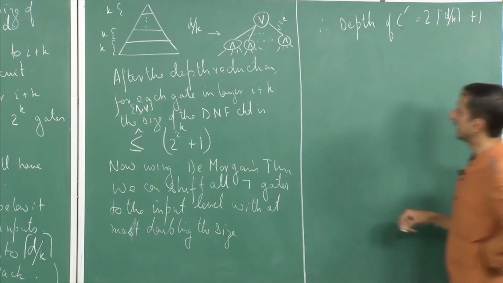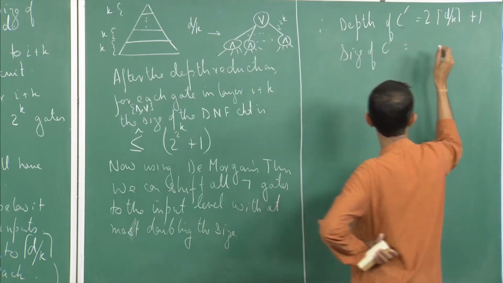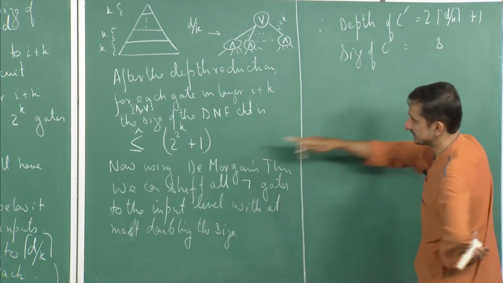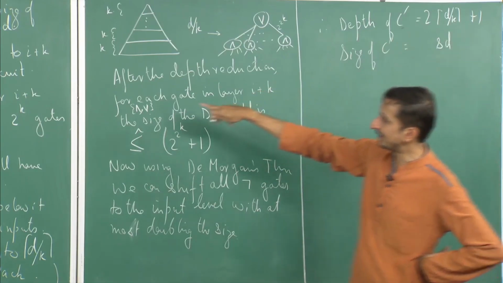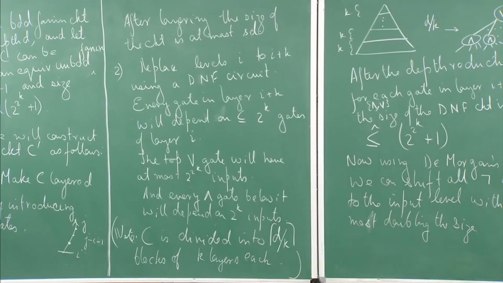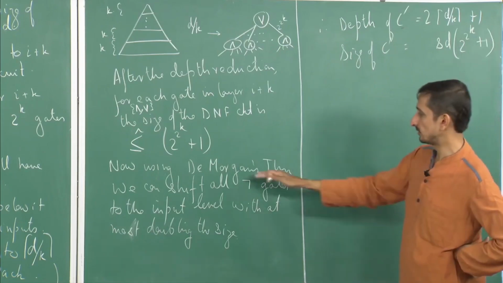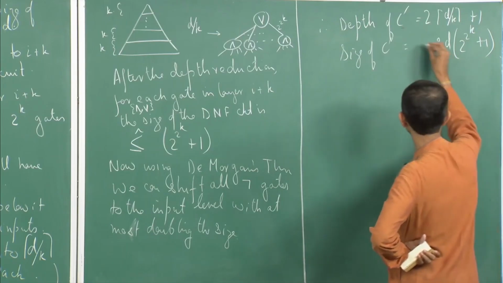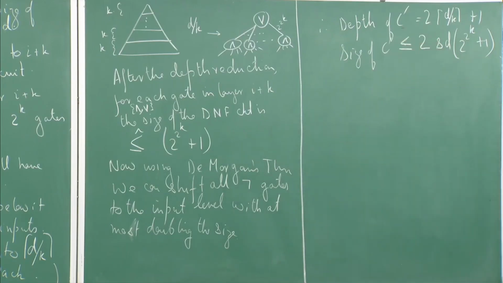So, this is the depth, and the size is S. I am doing this for every gate, so when I layered it, the size went up to at most S times D. So, it is SD times 2 to the power k plus 1, and because of applying De Morgan's theorem, this is at most twice. So, this is an upper bound. So, this proves the theorem.